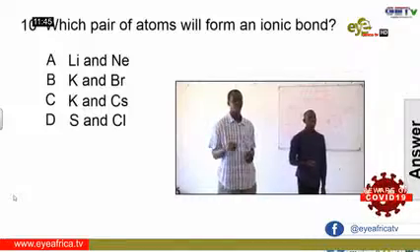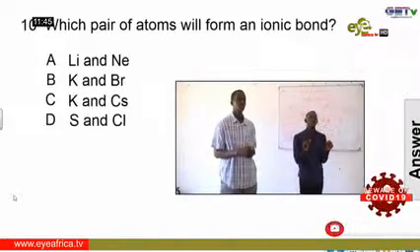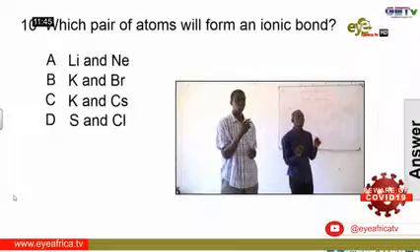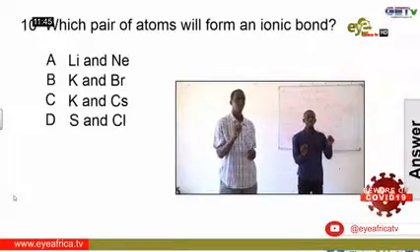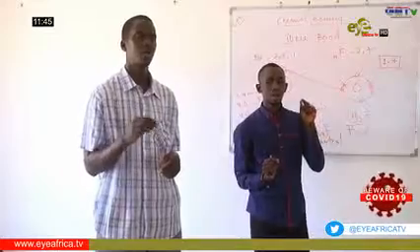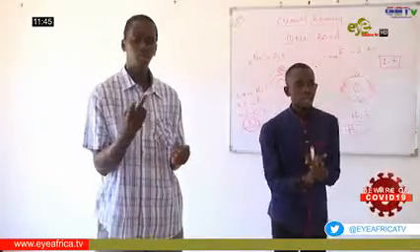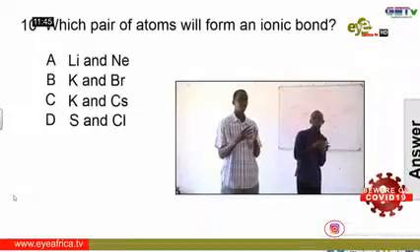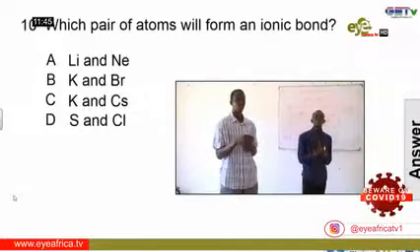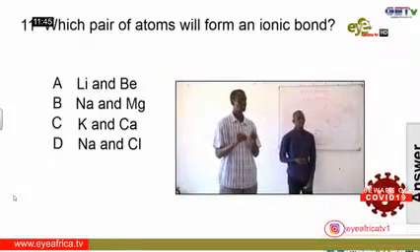And D, sulfur and chlorine. Now, when you look at these pairs, you will know that only in letter B do you have a metal and a non-metal, that is potassium and bromine. When they react, they will form an ionic bond because the potassium will donate its electron to the bromine, and the bromine will accept its electron.